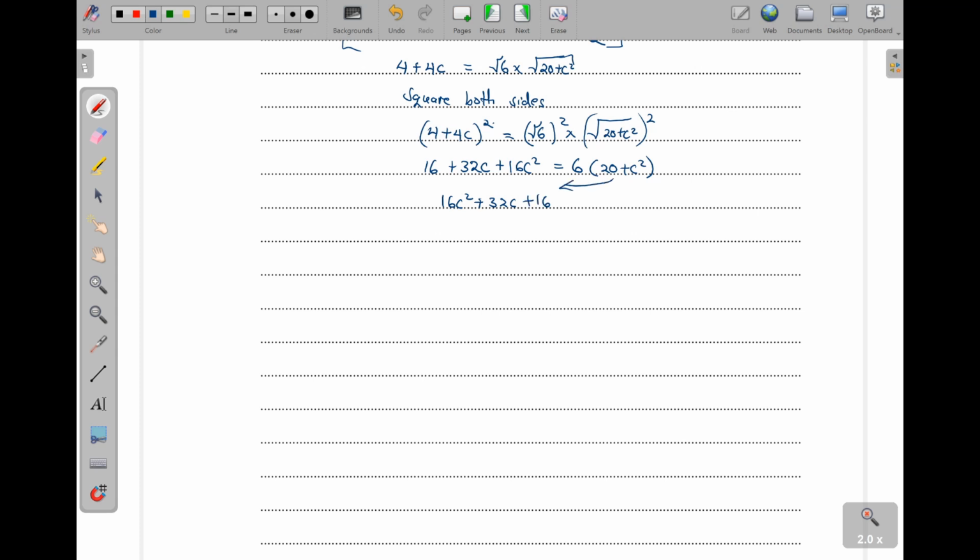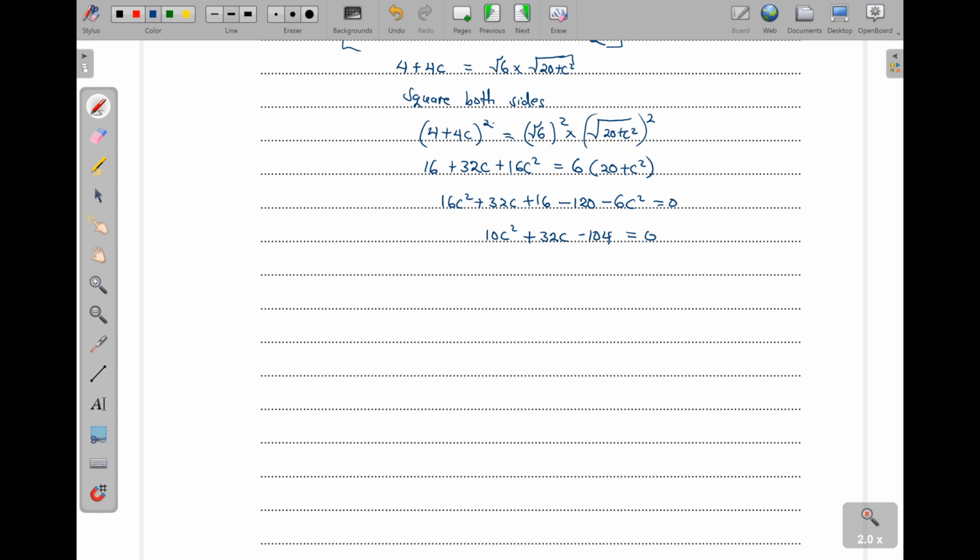I can bring everything this way, okay, so we can have minus 120, then minus 6c squared, which is equal to 0. So 16 minus 6, that one gives us a 10. So 10c squared, 32c, yeah, it is just 32c. So plus 32c, and then 16 minus 120, that one will be 104. So negative 104, which is equal to 0.